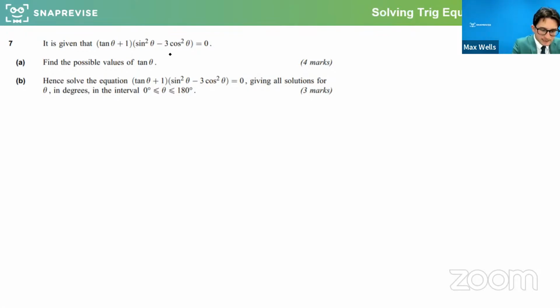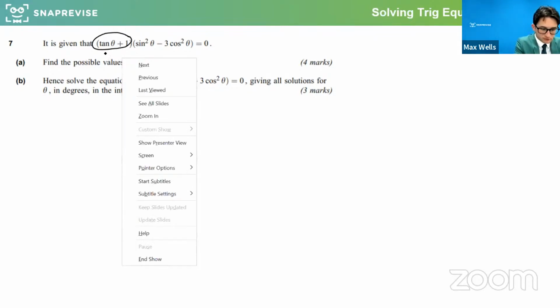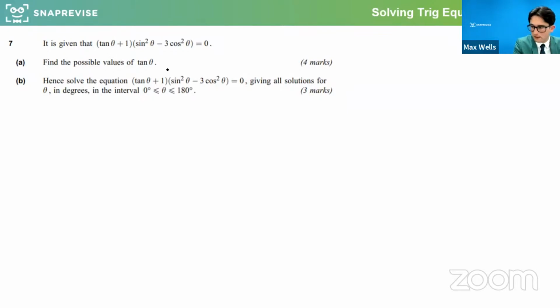So this one is actually factorized for you. Now, the possible values of tan is that from here, tan theta could equal -1, would solve that. You wouldn't use double angle for that one because they were both in terms of 2 theta anyway. So that would make it more complicated, I would say.